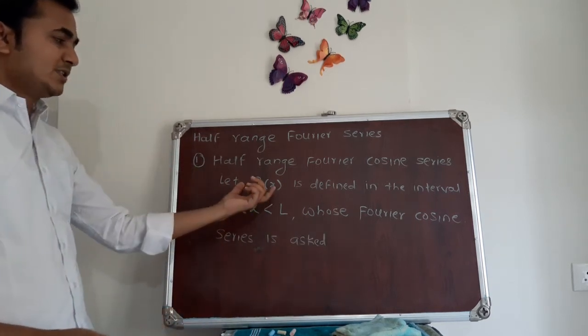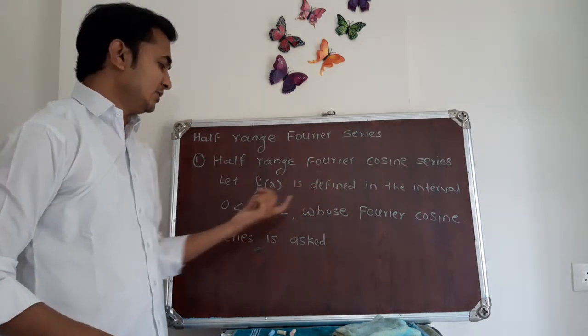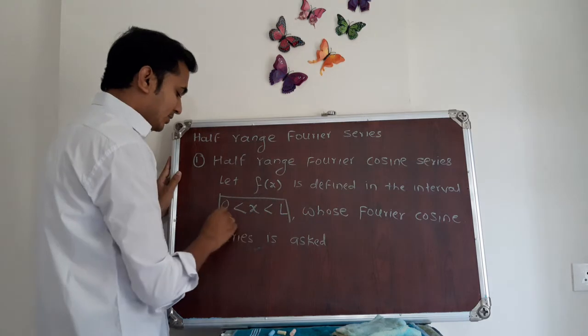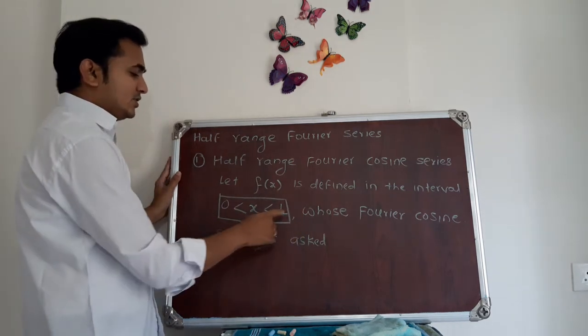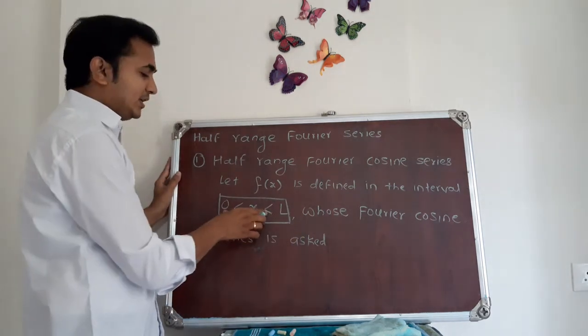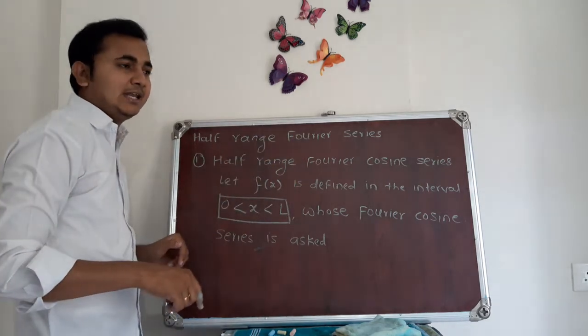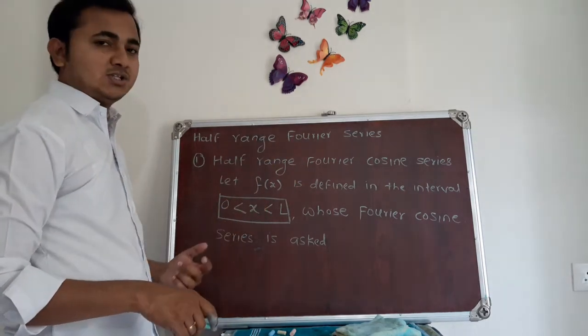Let f of x be defined in the interval 0 to L, and this is a point to be noted: 0 to L it is defined, that's why it is called half range. It is not defined for minus L to L, it is defined for 0 to L.